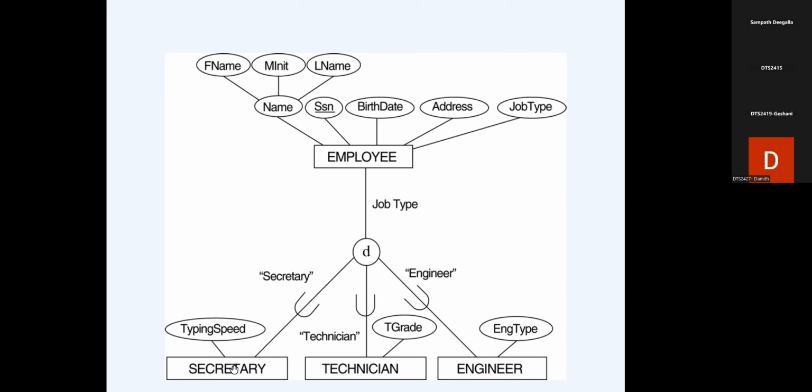But then again, if you take a particular specialization, that means a subclass of employees, you can see special attributes like typing speed, only relevant for secretaries. Technician grade, only relevant for technicians. Engineer type, only relevant for engineers. So this will show you the use of that idea, and this is how we are going to represent it.